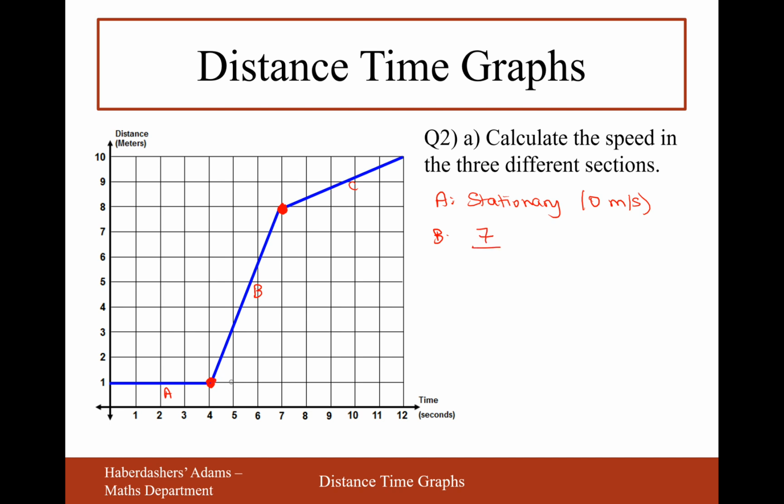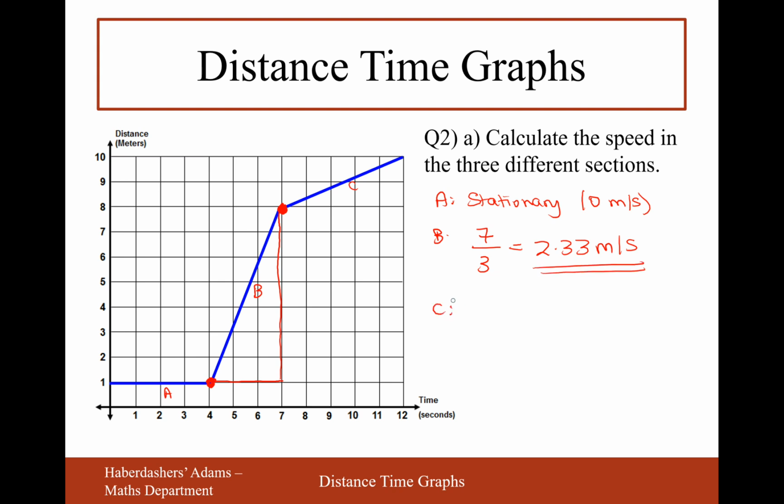Divide that by how long it took us to travel those 7 meters. That was from time 4 to time 7, so that would be 3 seconds. 3 seconds along, 7 meters up, so 7 divided by 3 is 2.3 recurring, so we'll write 2.33 meters per second.